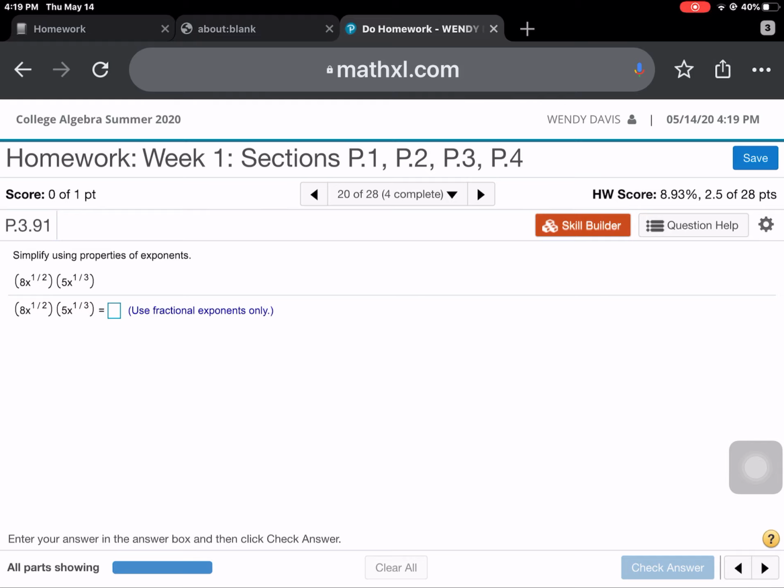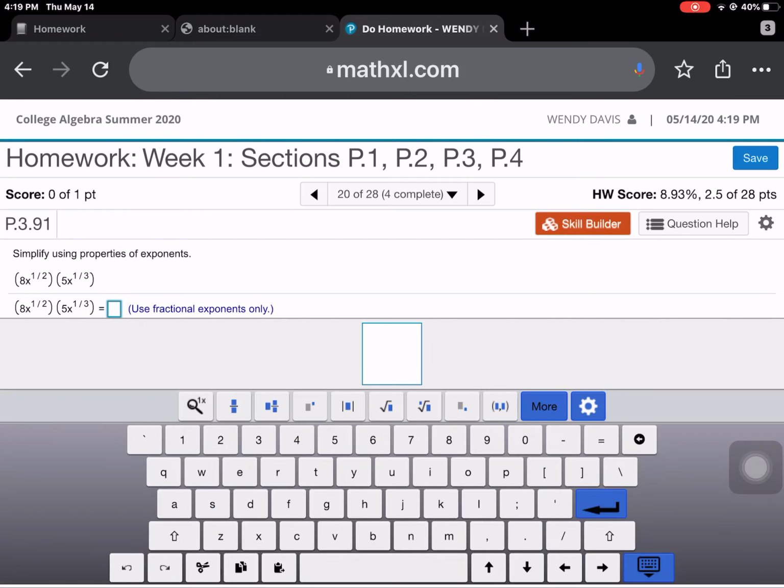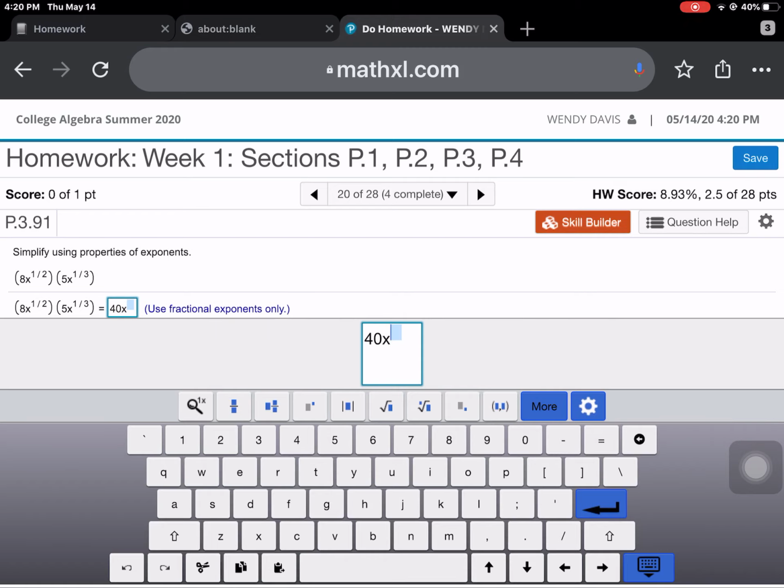Okay, what about if we have exponents that are fractions? So let me click in the box. I am not going to write this one out. Well, I can do this one in my head. So 8 times 5 is 40. X. Now, we need an exponent, so use your box with raised to a box, the fourth thing there.